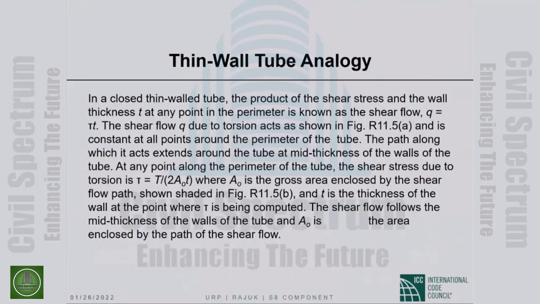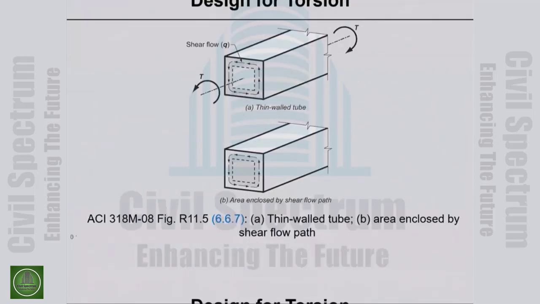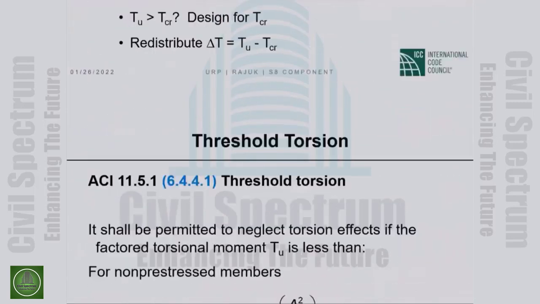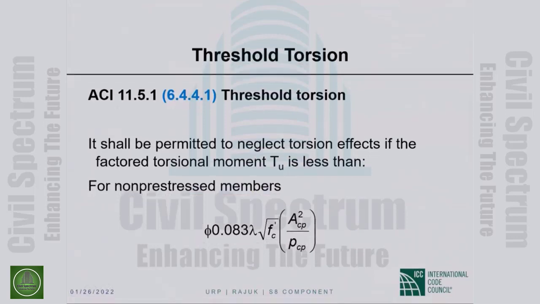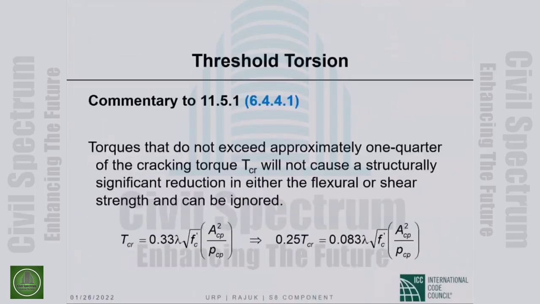Very important notation that we have to keep in mind, because that will be carried throughout. So threshold torsion for non-pre-stressed members is given by this expression, and this is 1/4 of the cracking torque. Cracking torque happens to be 4 square root of f sub c prime A sub cp squared by P sub cp. 1/4 of that is the threshold torsion.